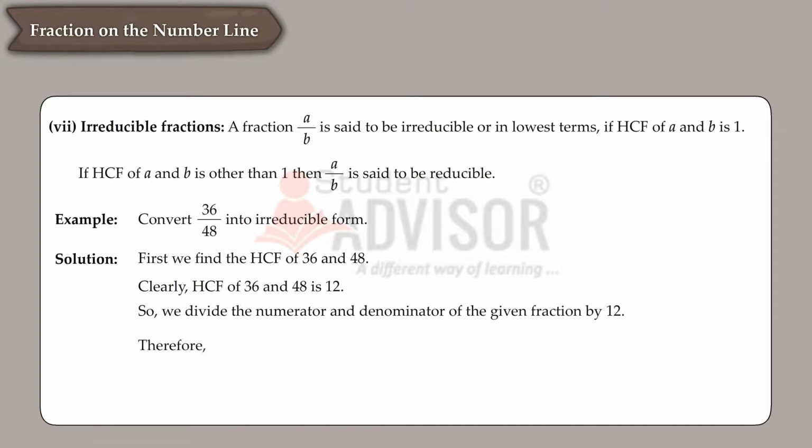Therefore, 36 by 48 is equal to 36 divided by 12 by 48 divided by 12, which is equal to 3 by 4. Hence, 36 by 48 in irreducible form is 3 by 4.